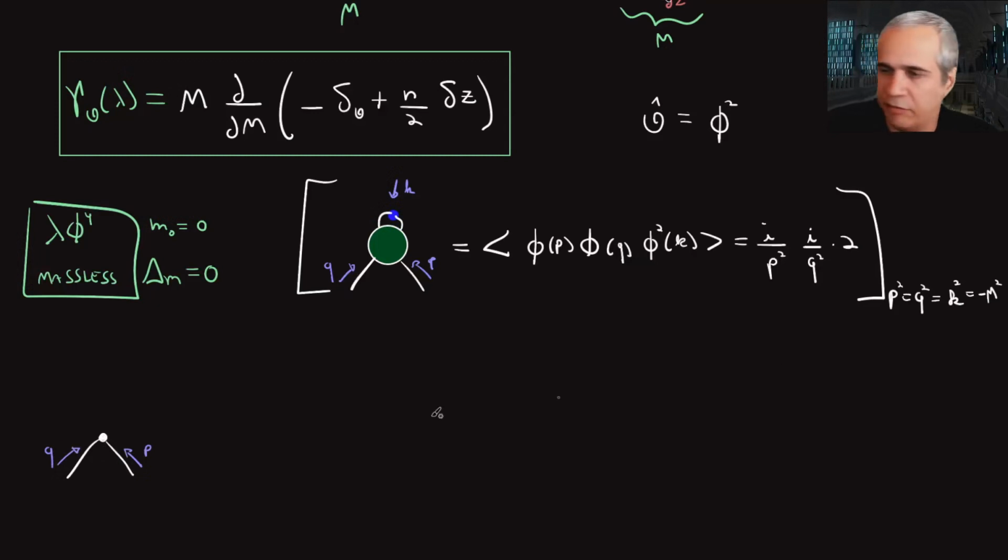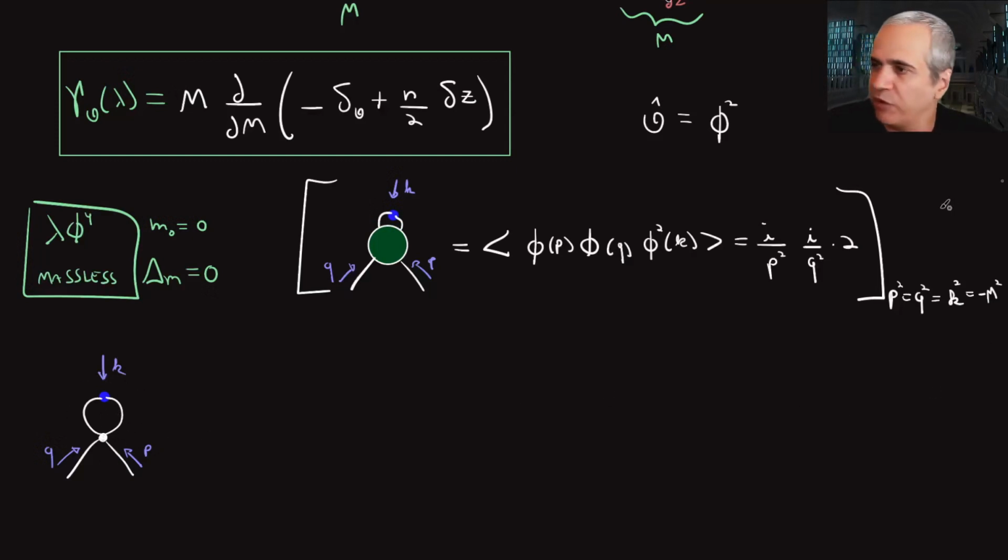Then I have a loop that goes into this blue dot here, which is my local operator, right? And of course I have some momentum k going in here, which complicates my momentum conservation a bit, right?